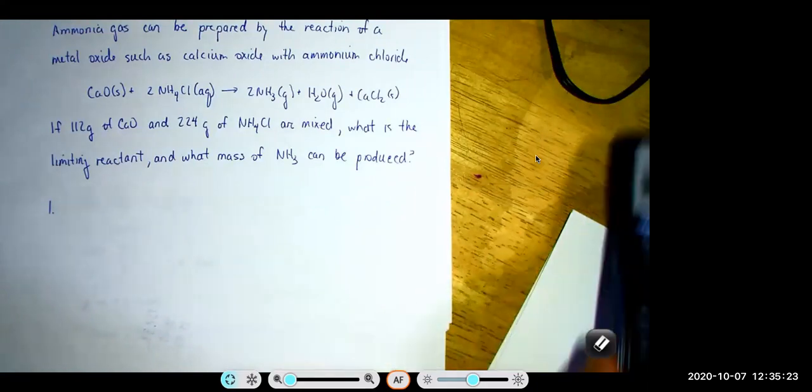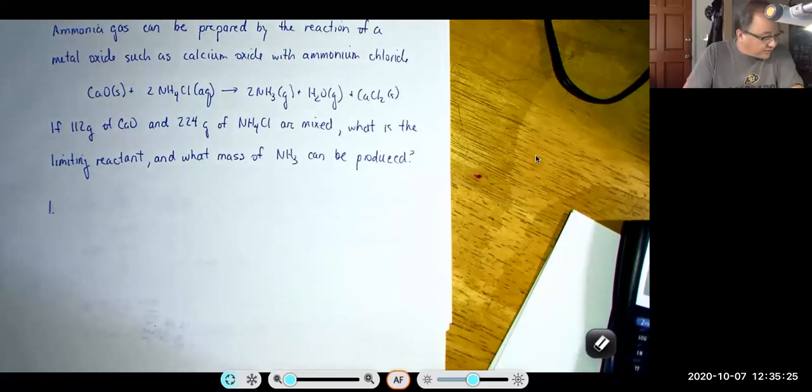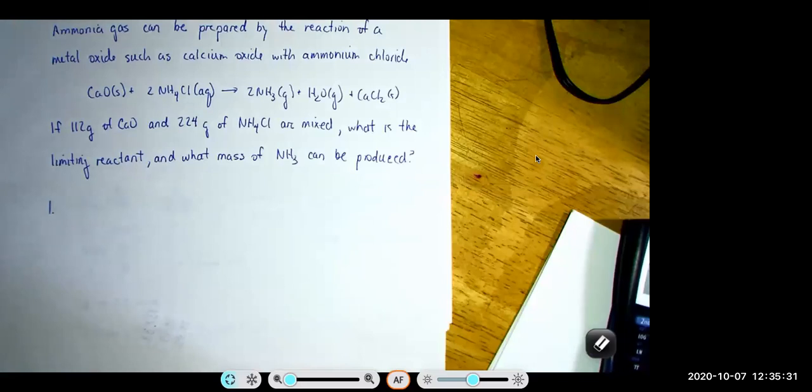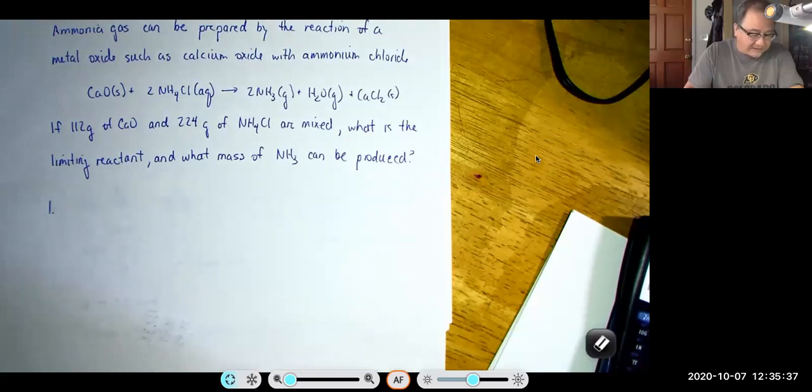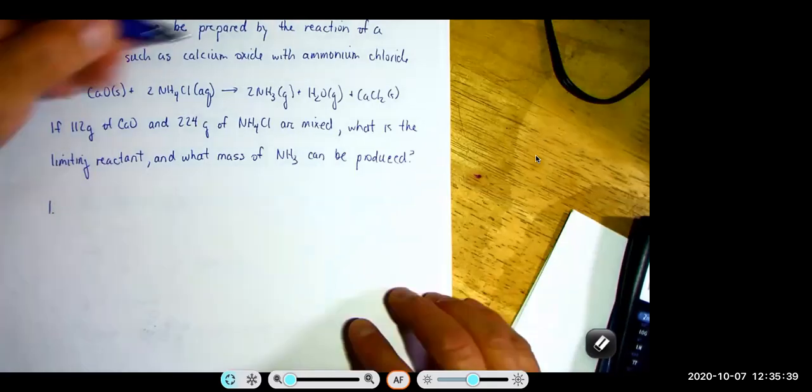We're going off the question that we have. So it wants to know the ammonium. Right. So I would base it on how much ammonium we make. Does that make sense? Yeah.